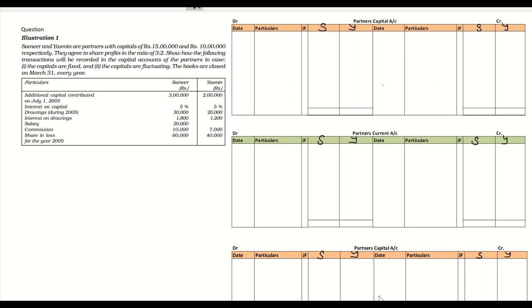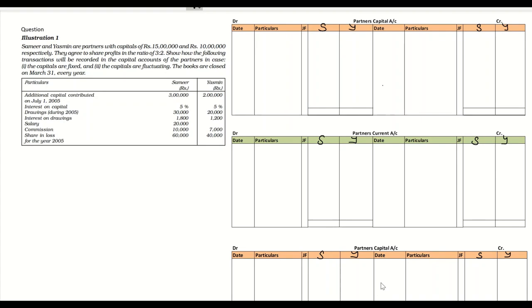So let's understand the capital account of a partnership through this illustration. Samir and Yasim are partners with capitals of 15 lakhs and 10 lakhs respectively. They agree to share profit in the ratio of 3:2.